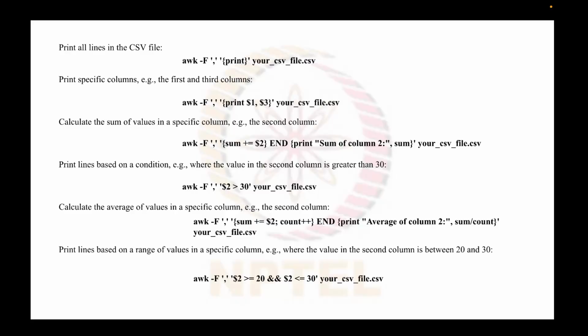Based on the format of the awk program, either curly braces or single quotes are used. Where do we use quotes and where do we use curly braces? Curly braces are important.